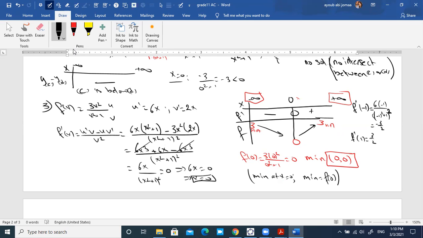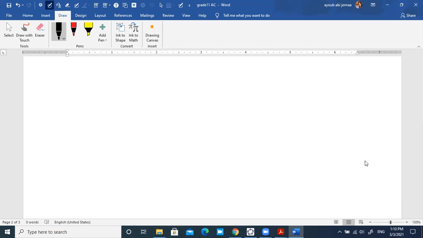It can come out as some other value, depending on the function. Differentiate between two things: f of 0 and f of x equals 0.